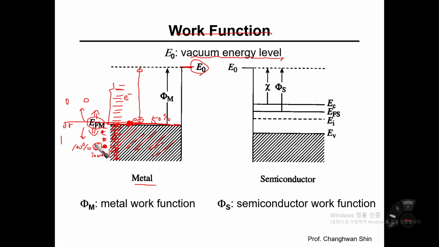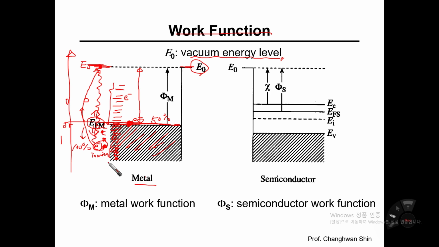But once this electron has been excited up a lot, and in the end it fills out this E naught energy level, in other words, this electron has received a very large amount of energy and is excited up to the energy state corresponding to the vacuum energy level, then we can claim that this electron is no longer existing within the matter.